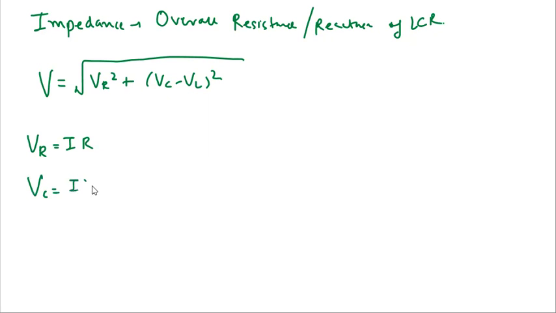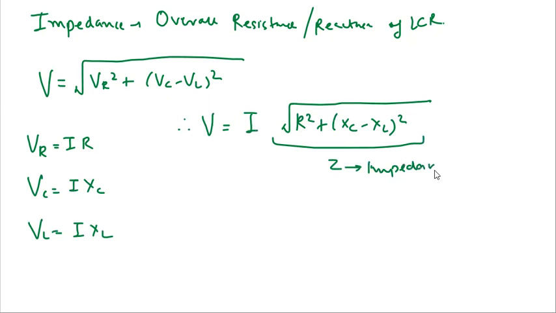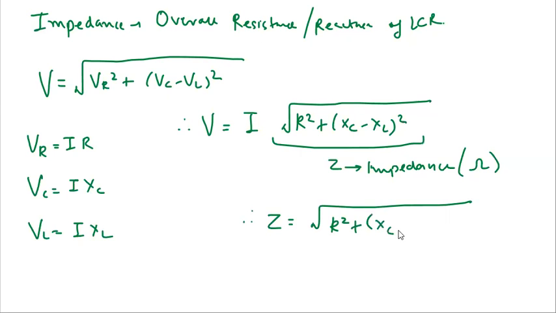Voltage across the capacitor will be I XC, and voltage across the inductor will be I XL. Putting all the values in this equation, I will come out, and V will be I times the root of R square plus XC minus XL whole square. This we call Z, the impedance of the circuit, whose SI unit is ohm. So Z will be the root of R square plus XC minus XL whole square.